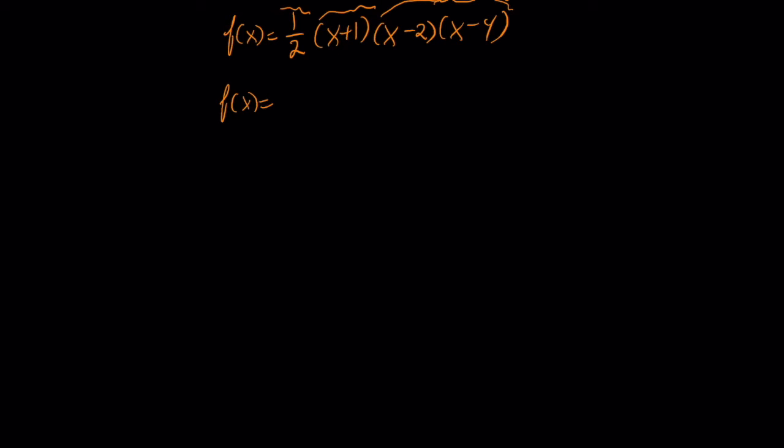So I have f of x is our leading coefficient, which we've determined to be 1/2, times x plus 1, times x minus 2, times x minus 4. Now I'm going to FOIL from right to left. I'm going to FOIL first these two, and then I'll go ahead and distribute this and then the 1/2. So that's my steps. So I'm going to have f of x is 1/2 times x plus 1.